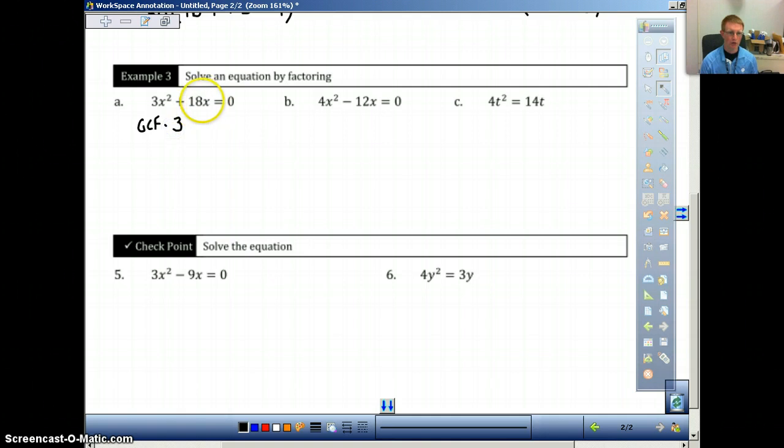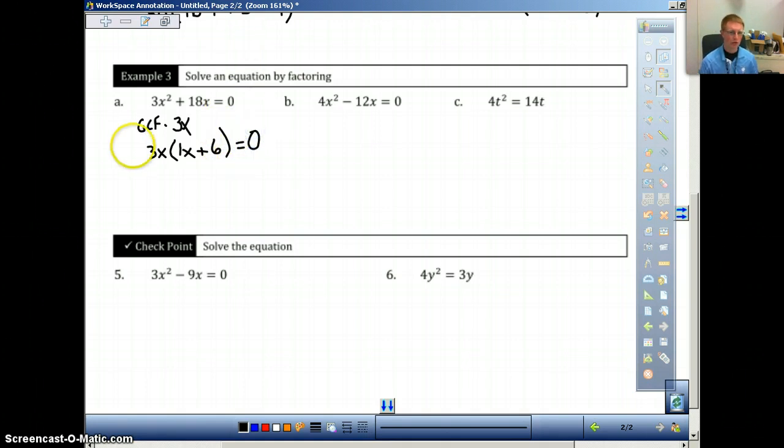And then we take our lowest exponent variable, so it's 3x. So when we rewrite our equation, we get 3x on the outside, and we get the 3's pulled out to the outside, 3 times 1, and then we need an x. We pulled 1x off, so we're left with 1x, plus 3 times 6 is 18, and the x was already pulled to the outside, so that's all we're left with. So now that is equal to 0.